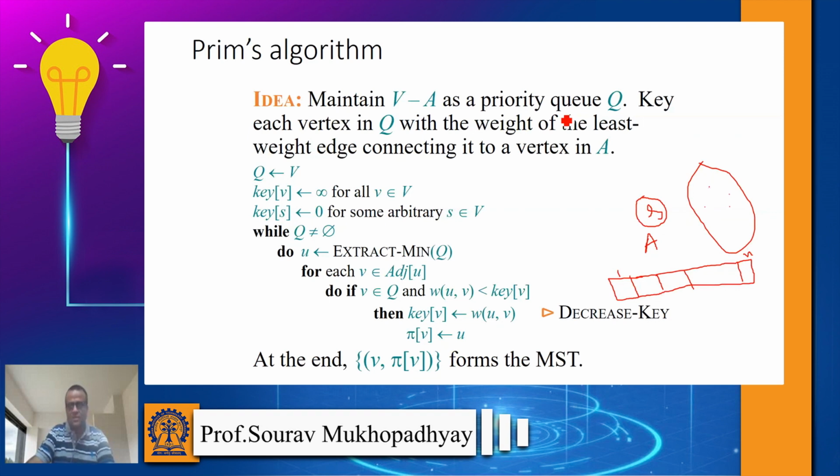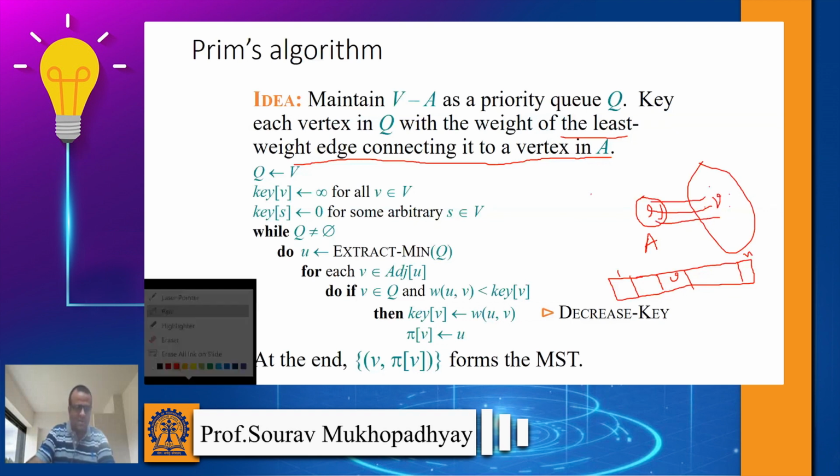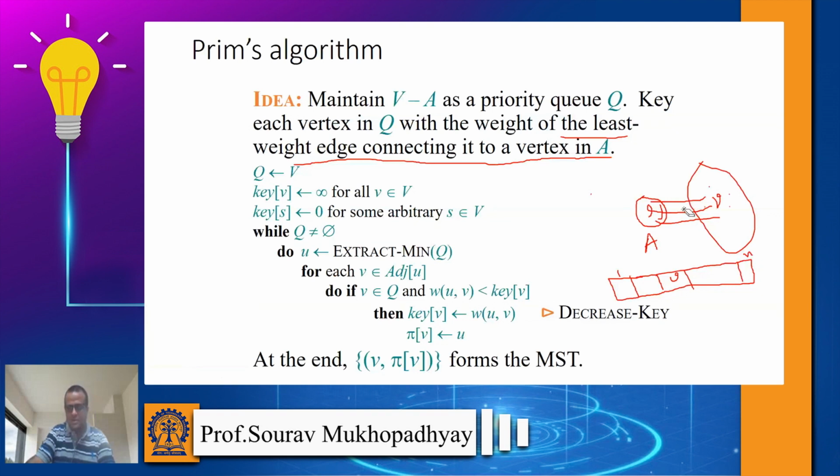The key value is the weight of the least weight edge connecting it to A. So we take a vertex V in the queue. This V could be connected with more than one vertex in A. Among these, whichever is the minimum, we take that as the value.